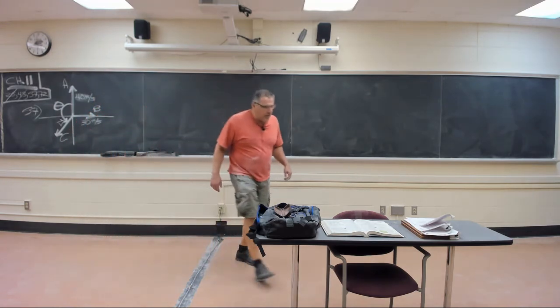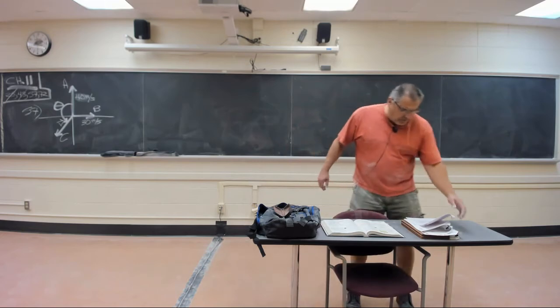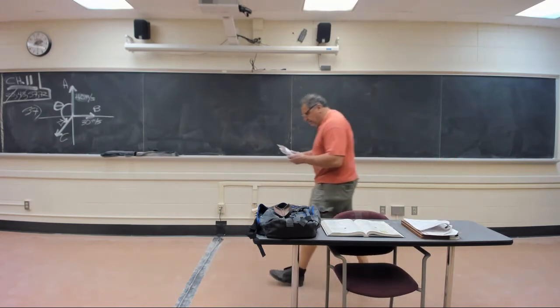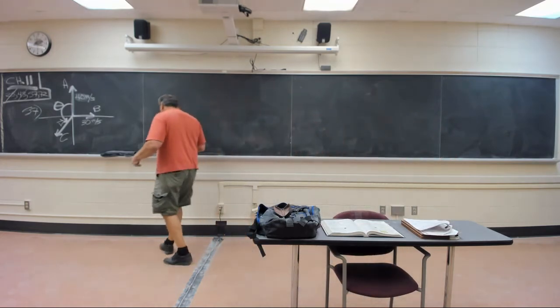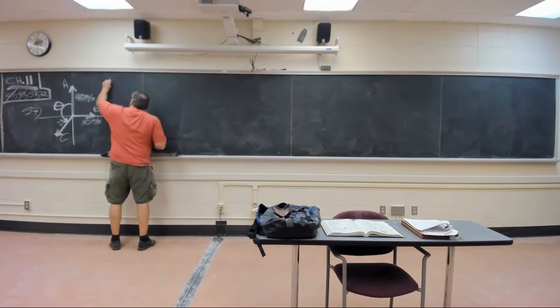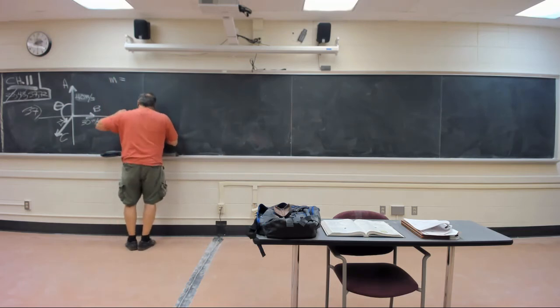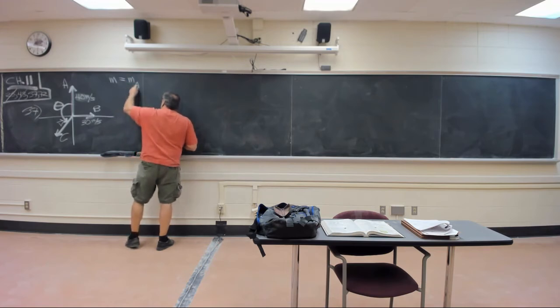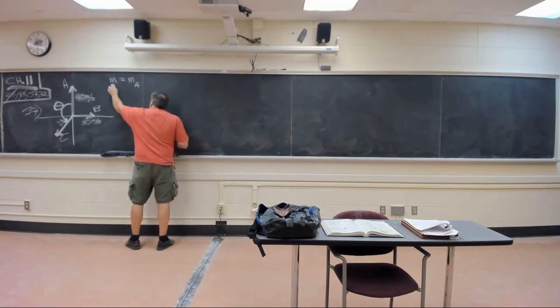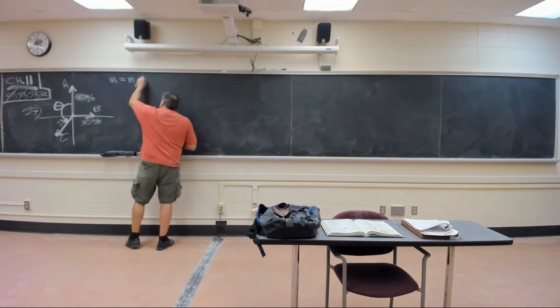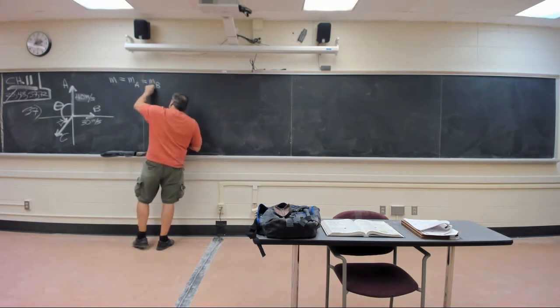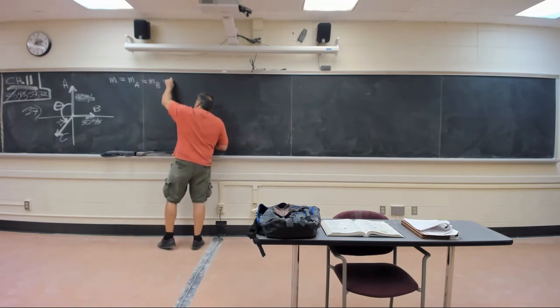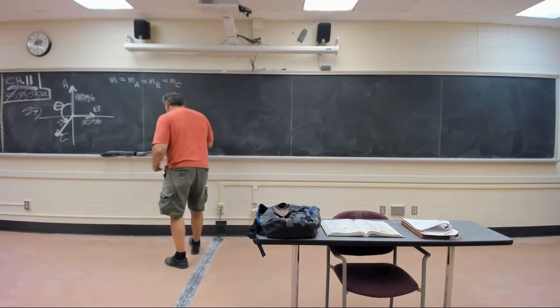All right, without further ado, let's figure it out. We'll call each mass M. M is the mass of object A, it's also the mass of object B, and it's also the mass of object C. All the masses are equal.